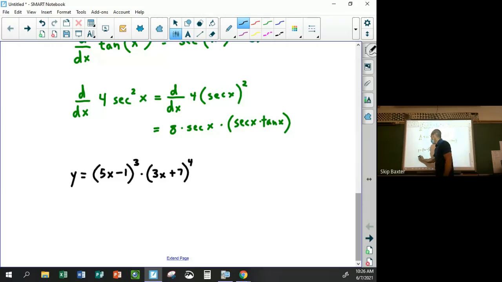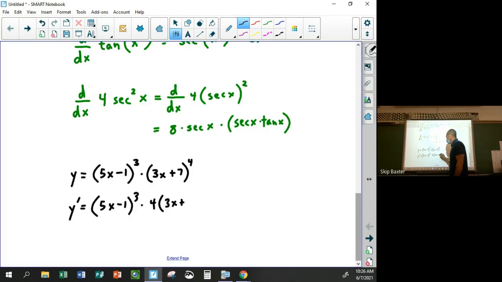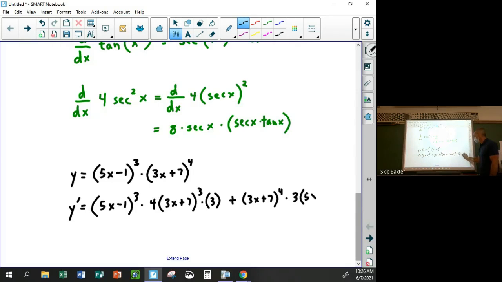So this would be the first times the derivative of the second, which is 4 times 3x plus 7 cubed times 3, plus second, unchanged, times the derivative of that first piece, which is 3 times 5x minus 1 squared times 5.